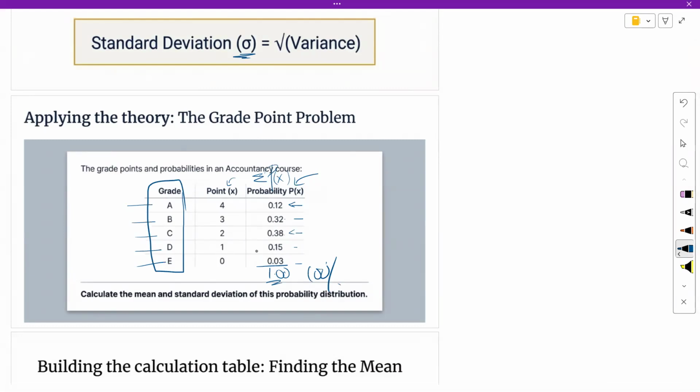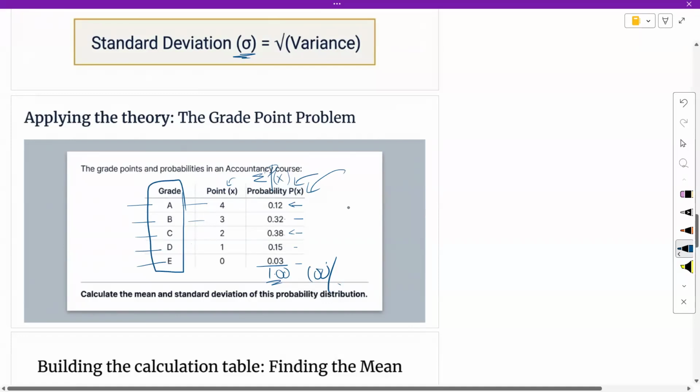Now somebody asks what expected GPA you will get this time. What GPA may you get? Now you know the probability of getting A, B, C, and so on, so you can guess based on this assignment of probability for each score.